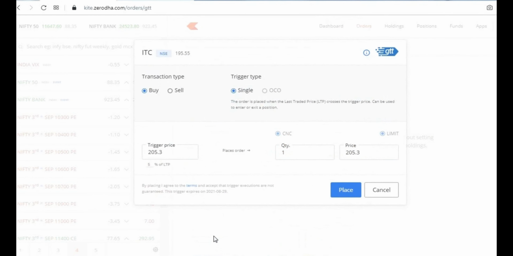In the single trigger type, you can either buy or sell a stock at a particular level. So you need to enter the trigger price, quantity and the limit price.